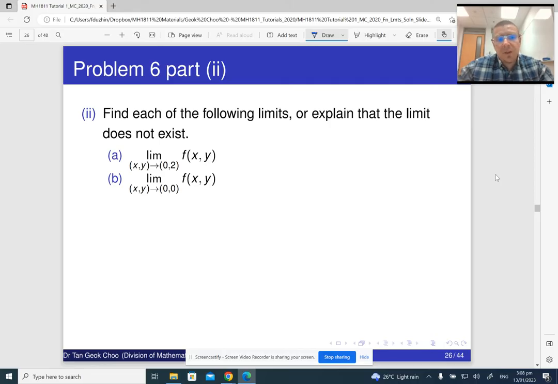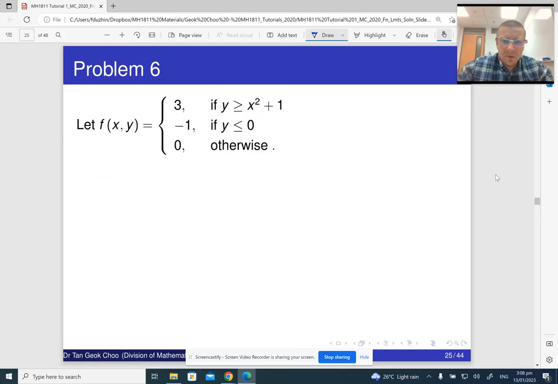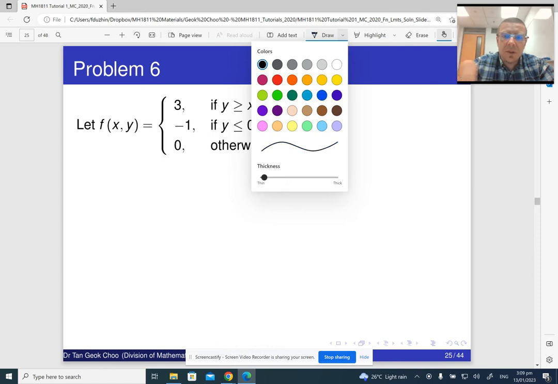Right? So the first thing that we need to do here is to figure out what this function really is, what its graph looks like, or I mean, to get some feeling of the function, right? So how can we do that? Let me just explain what this really means.